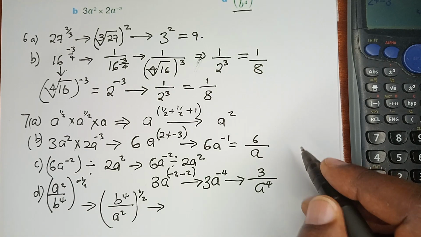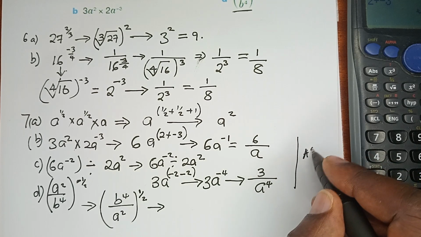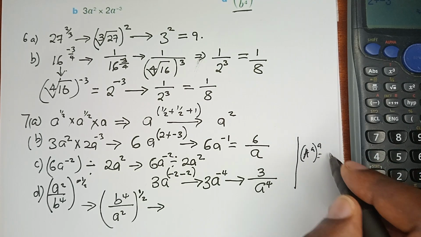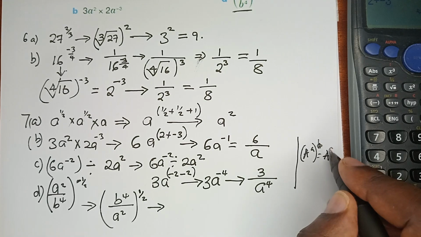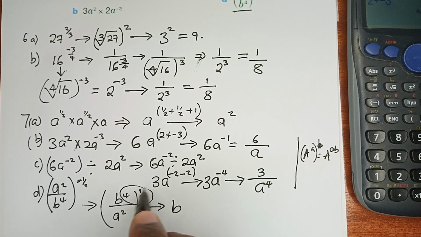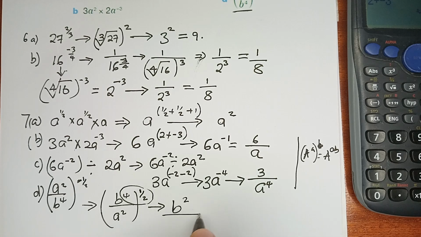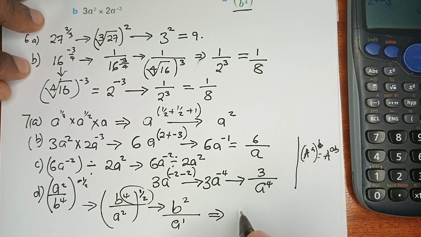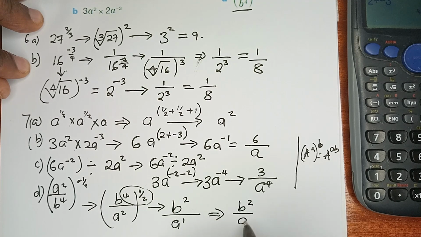We have always known that if a is raised to power a, which is raised to power b again, this is a raised to power ab. So we have the product of both indices. It goes without saying that it is b raised to power 4 multiplied by half, which is 2, and 2 multiplied by a half is just 1. Our final answer is b squared over a.